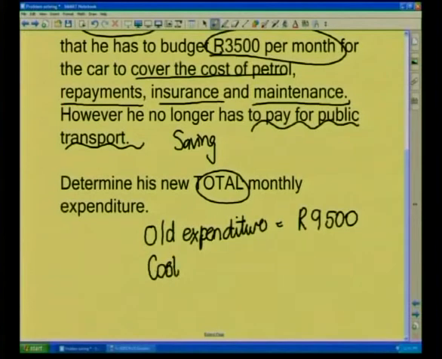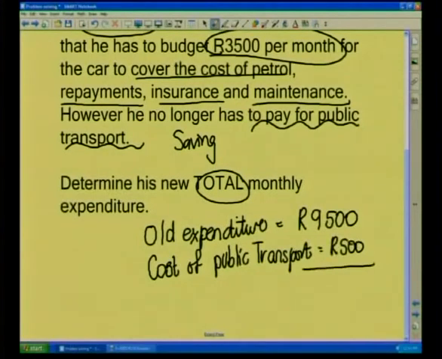Cost of public transport is equal to 500 Rand. And we need to take that off. So we've got 9,000 Rand from our previous expenses.